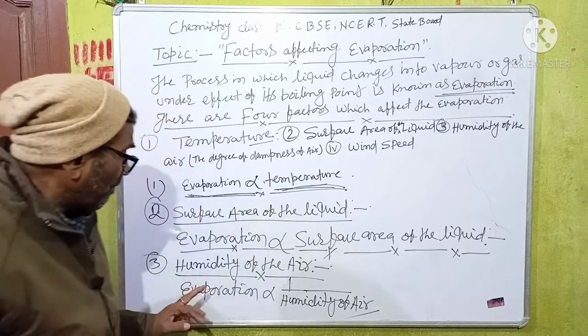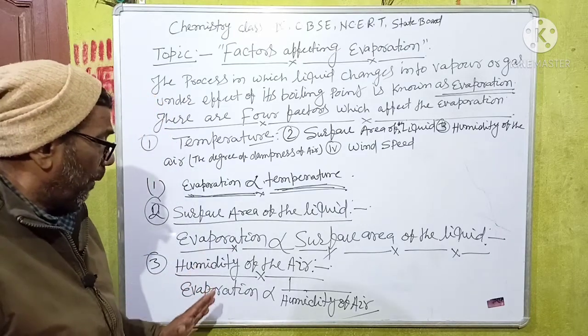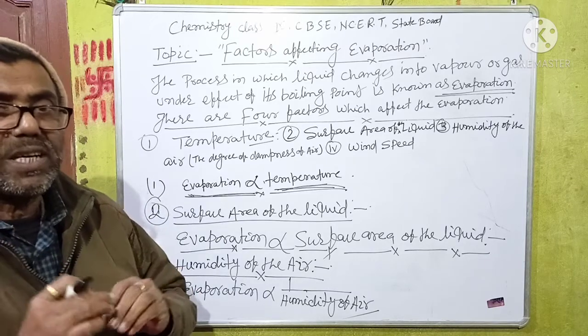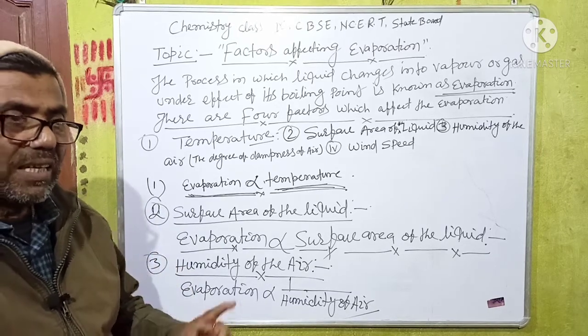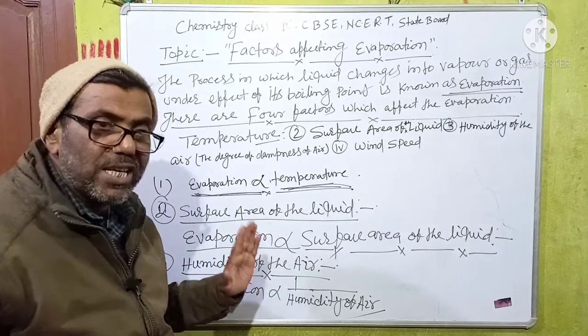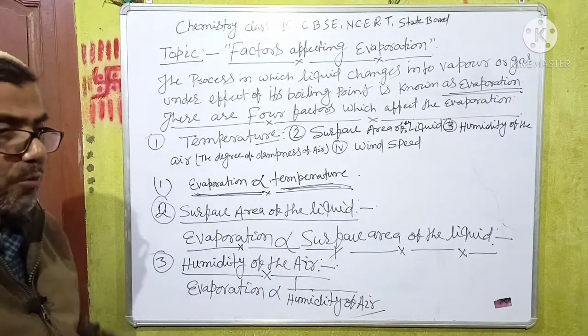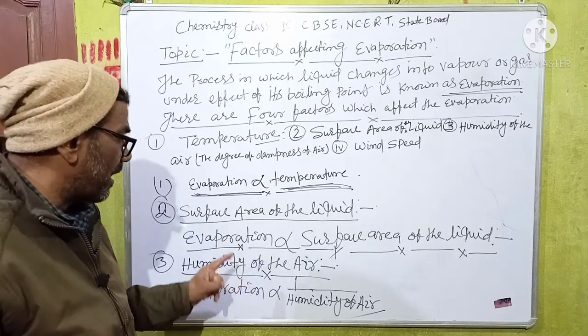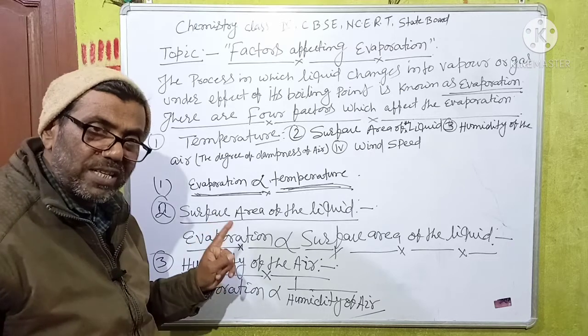When the humidity of air is less, then evaporation occurs more, meaning the evaporation increases. When the humidity in air is more, then evaporation occurs less, meaning the value decreases.